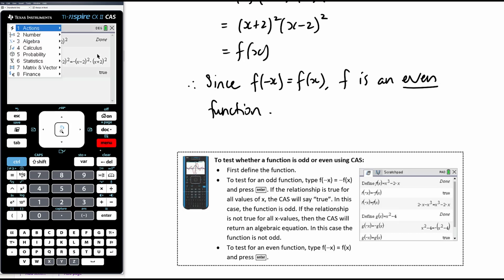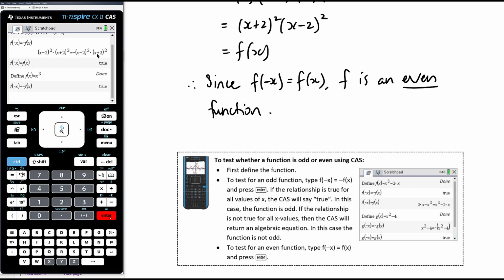If, for example, we defined f of x as being equal to x cubed, which is a simple odd function, this time if I just do f of negative x equals negative f of x, in that case it'll tell me that's true.